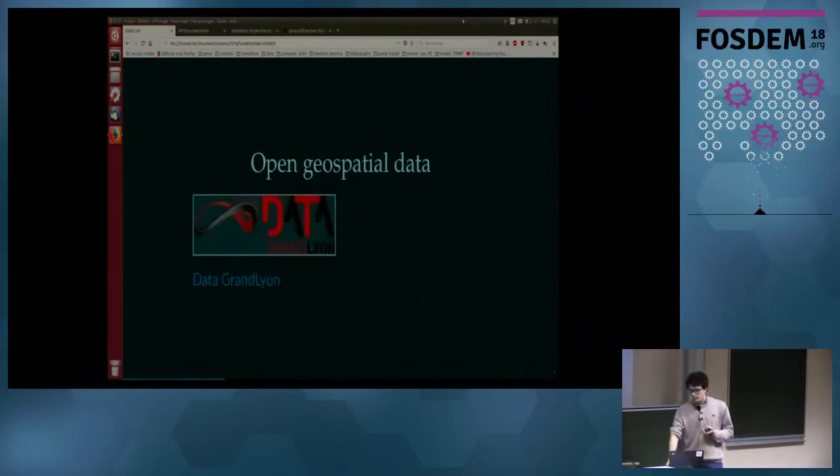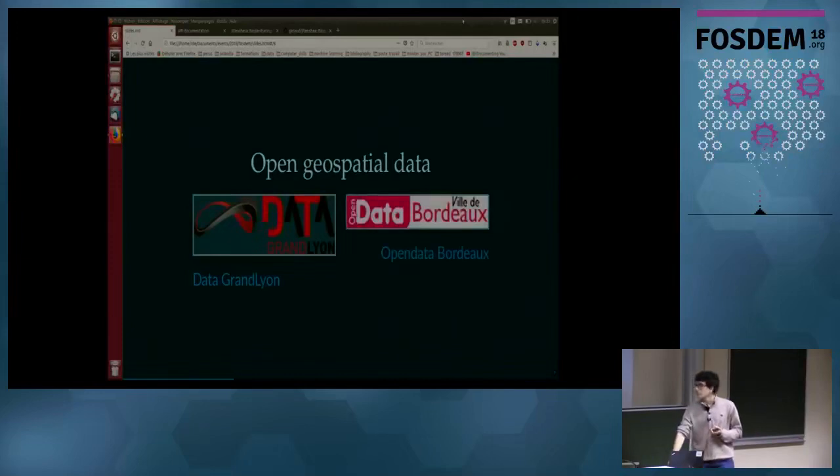So just to begin, we talked about geospatial data. We are interested in how bike sharing stations work, so we can gather this data on a public portal. For example, we worked with the data of Lyon and the data of Bordeaux, two French cities.